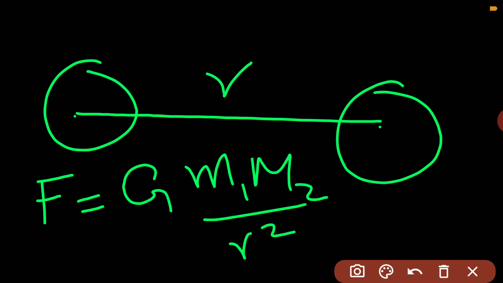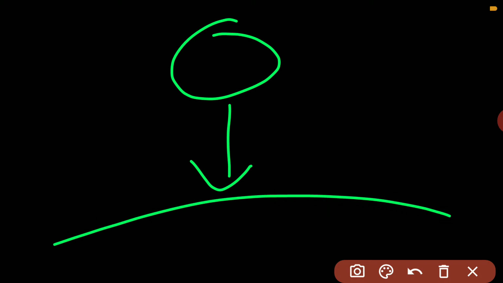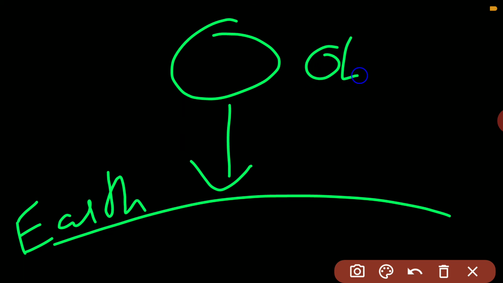That's what we studied, right? So whenever an object is falling on the surface of the earth, we need to take the distance from the center of the object to the center of the earth. That's why the word center of gravity was used there.